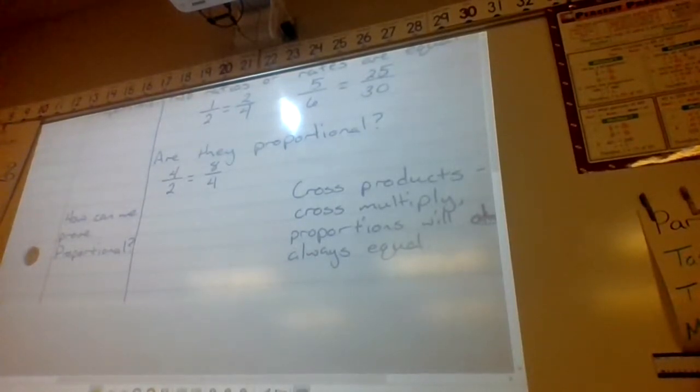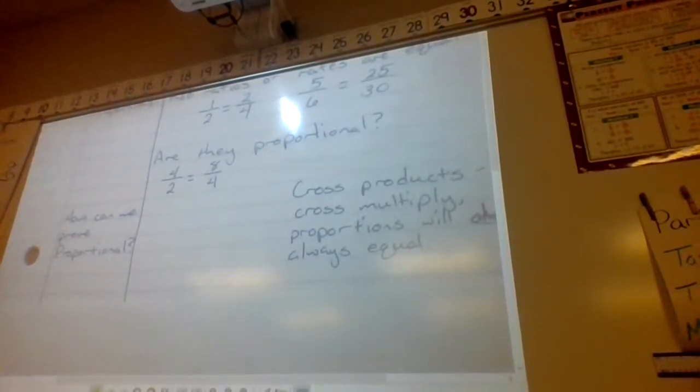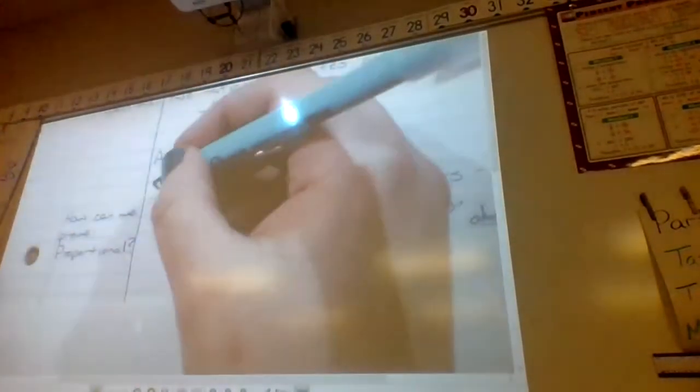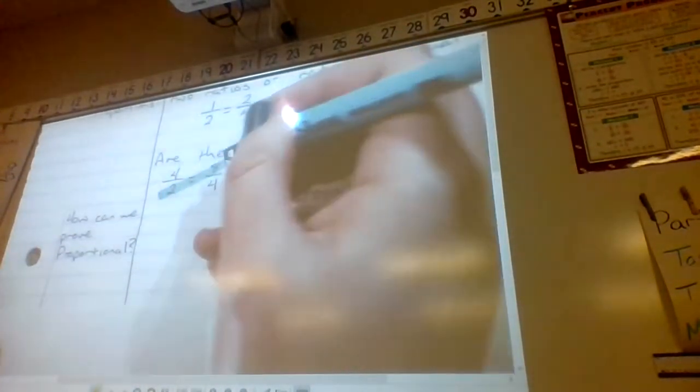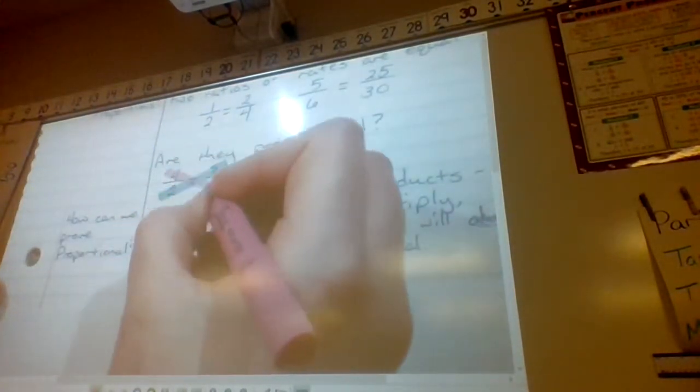I want everyone to go get 2 different colored highlighters. I don't care if you're borrowing from me. If you borrow from me, grab a yellow one because I have plenty of yellows, not enough of everything else. But you need 2 different colors, because I am going to do cross products.